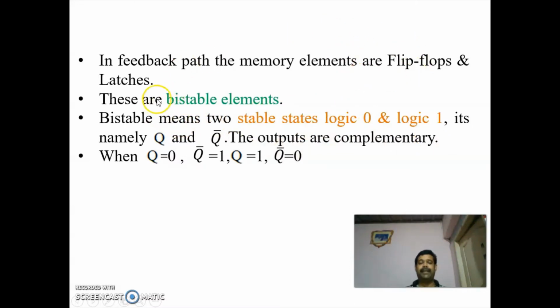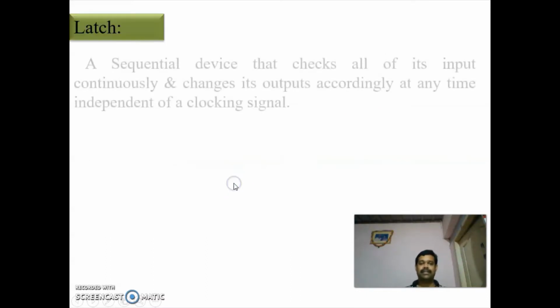The outputs are complementary. The meaning is when Q is equal to 0, Q bar will be 1, and when Q is 1, Q bar will be 0.